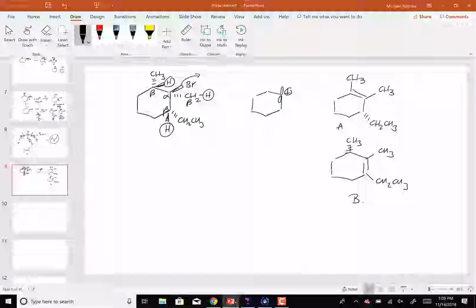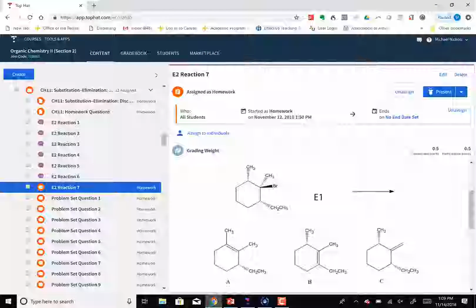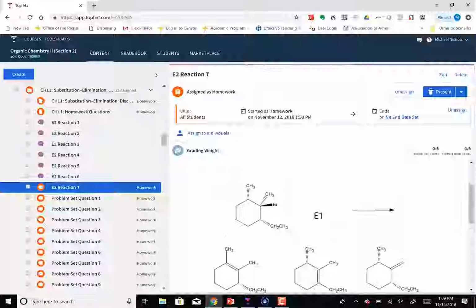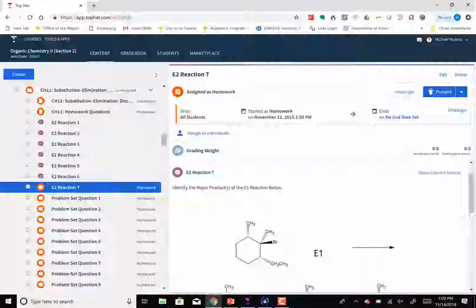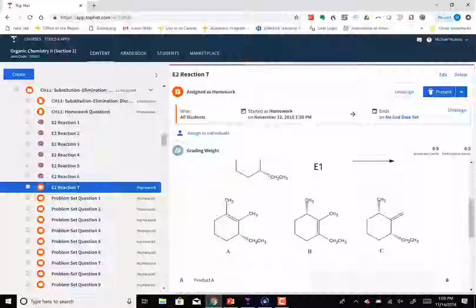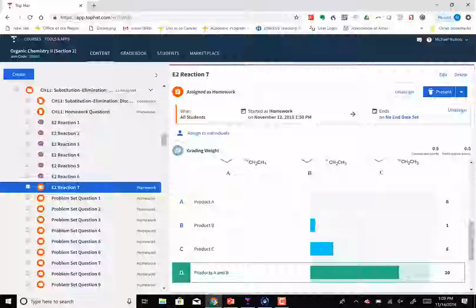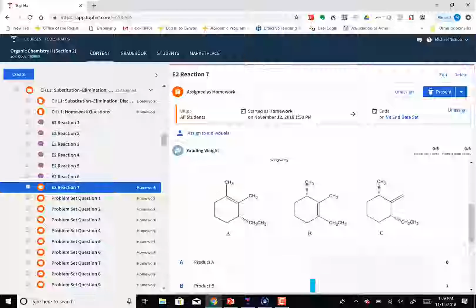So that would make the major product A and B, which would be answer D. If it was E2, would it be C then? If it was E2, it would only be C, because that's the only hydrogen that can be removed by a base that can become antiperiplanar.